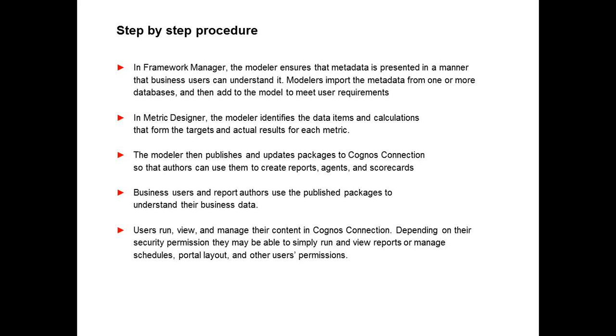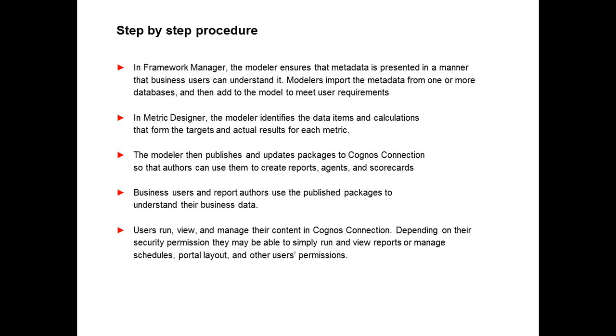So most of the part we can do in Excel, right, in TM1? Okay. Then the modeler publishes and updates packages to Cognos connection so that authors can use them to create reports and events, the same flow which I have given in the wording here. Users can run, view, and manage their content in Cognos connection depending on their security permissions.